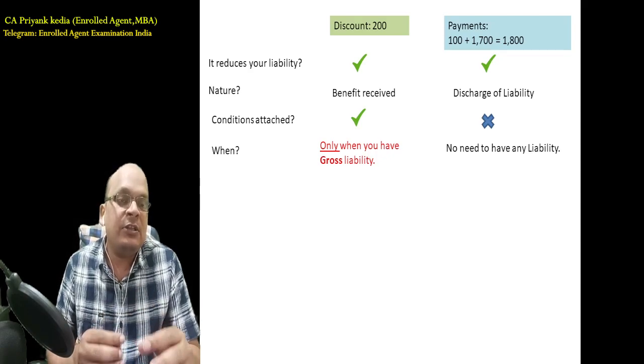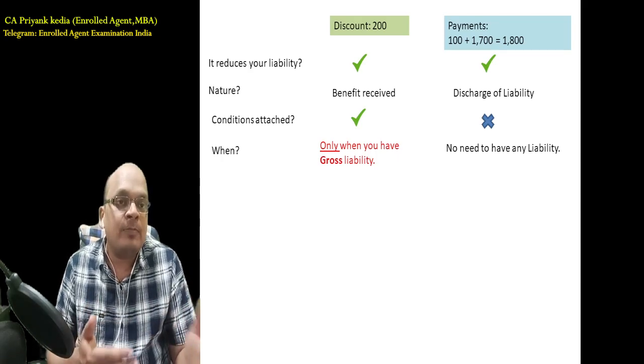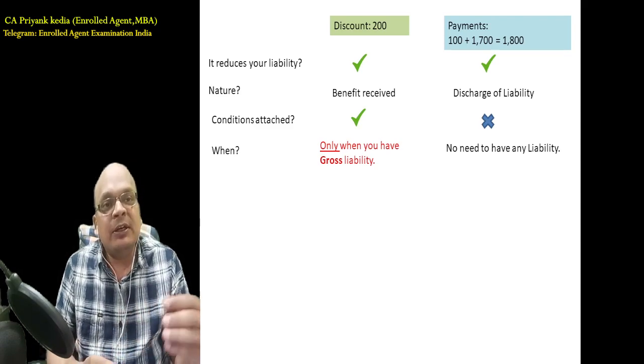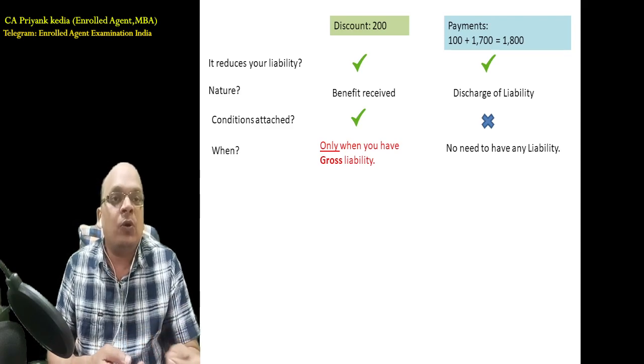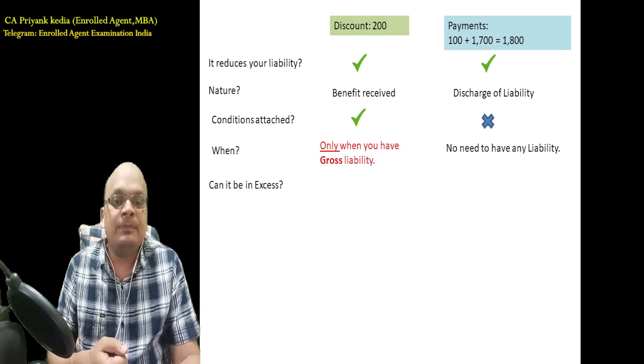There is no base requirement for you to make a payment. Though practically it happens rarely, no law states or stops you from making some extra payment over and above your liability, or even if you don't have any liability. But because of normal business transactions, discounts can only be availed, can only be received, when you have a gross liability towards some amount, right?